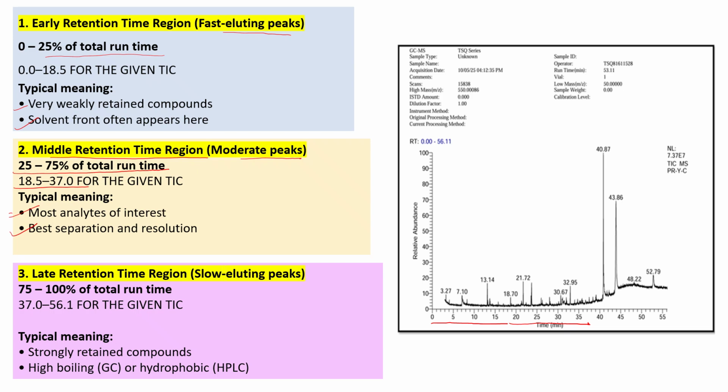Now, late retention time region, slow eluting peaks, 75 to 100%, 37.5 up to 56.1 for the given TIC. Strongly retained, high boiling compounds are found in this region.